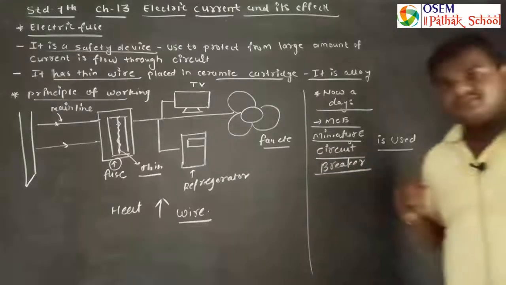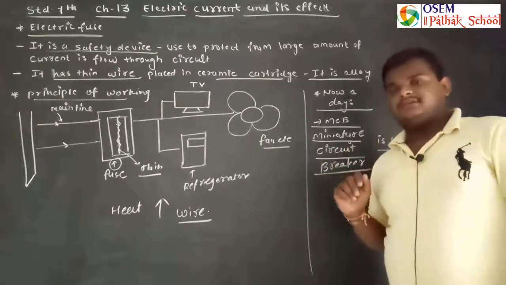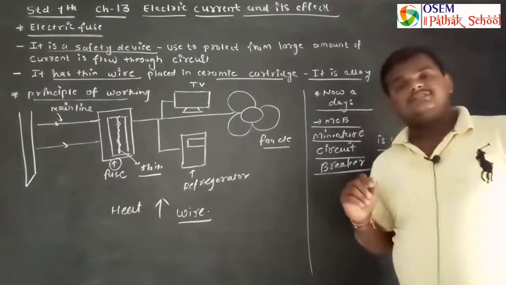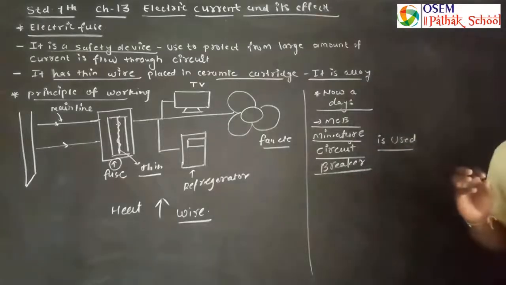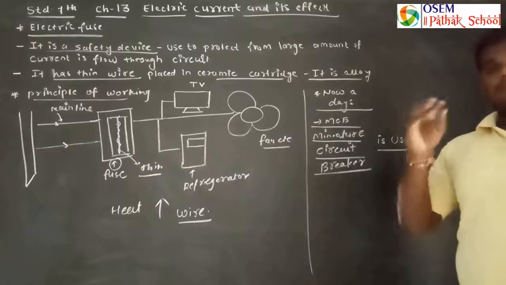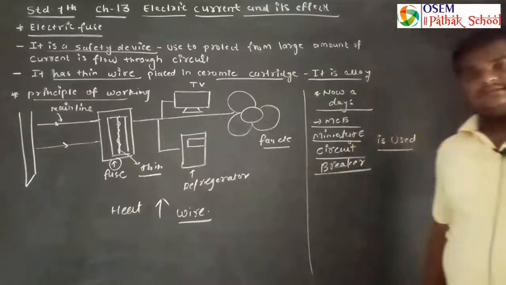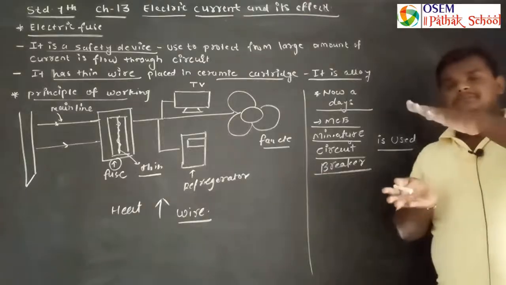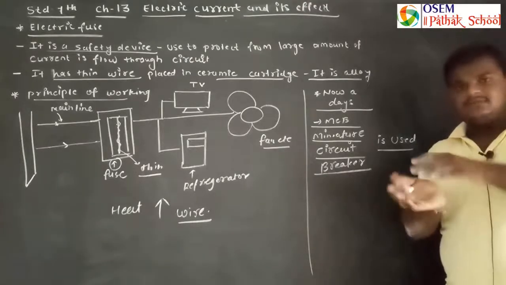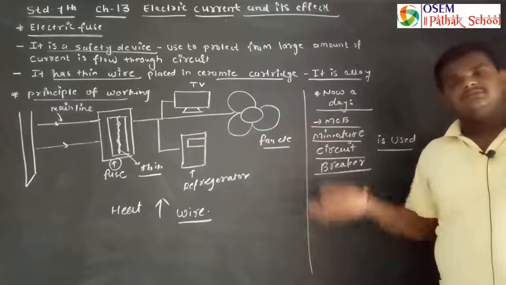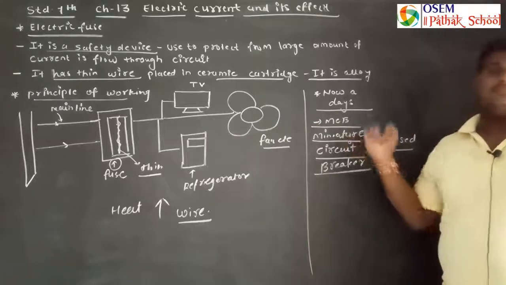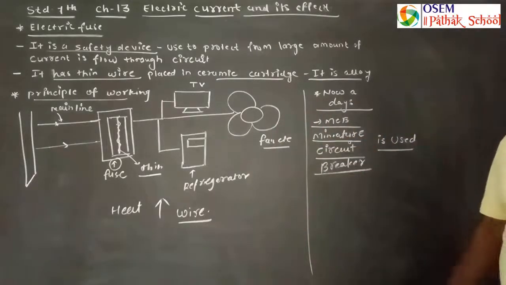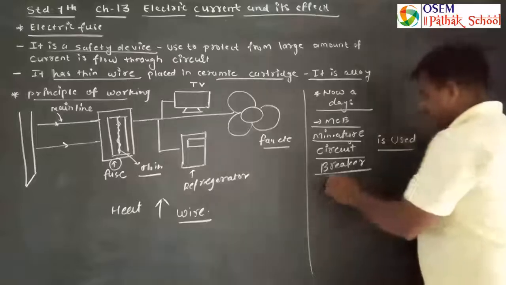It is a sensitive equipment, we can say. When the electric current is more, it senses the electric current flowing through it. That's why the MCB will trip and current will not pass into our houses. So this is the principle of working of an MCB.